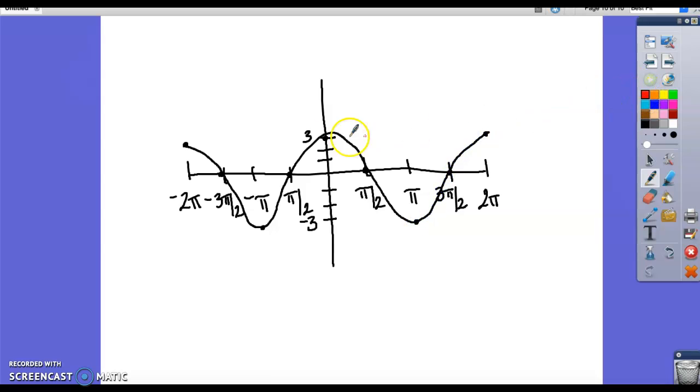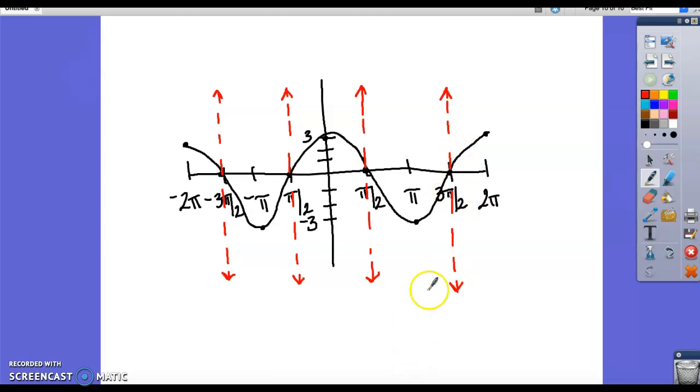Okay, since secant is the reciprocal of cosine, that means anywhere cosine equals 0, I have an asymptote. Okay, anywhere that cosine equals 0, I have an asymptote.